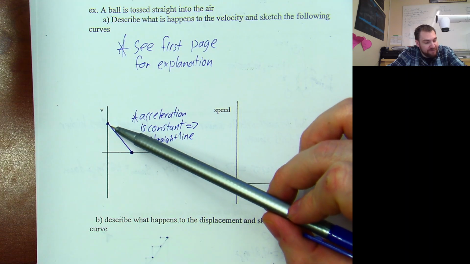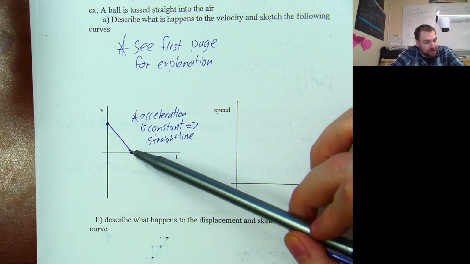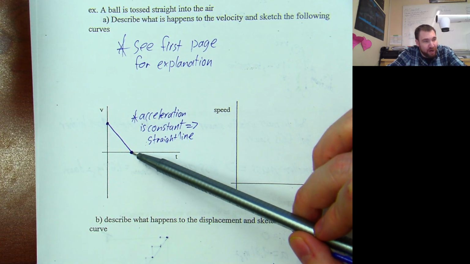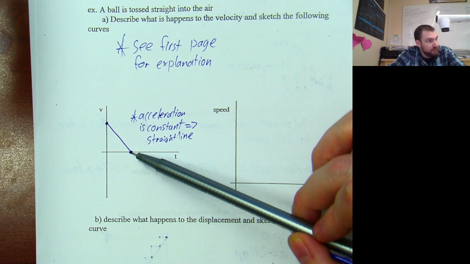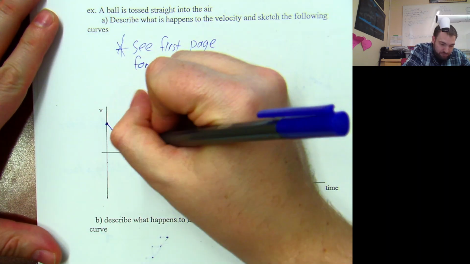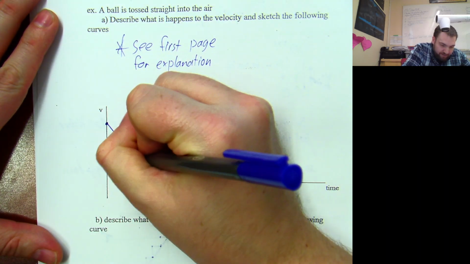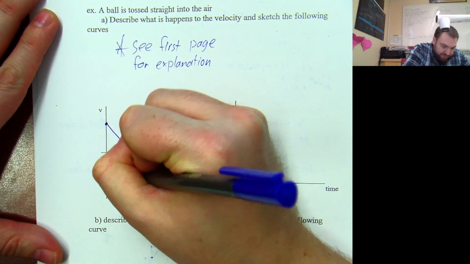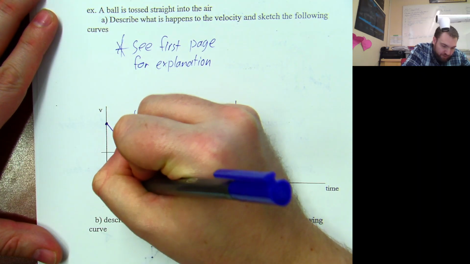It has a positive decreasing velocity, and then now the velocity is 0. So where is my object in the world? Or what's happening to my object now? James? It's at the top of the throw. Right here is the top of the throw.